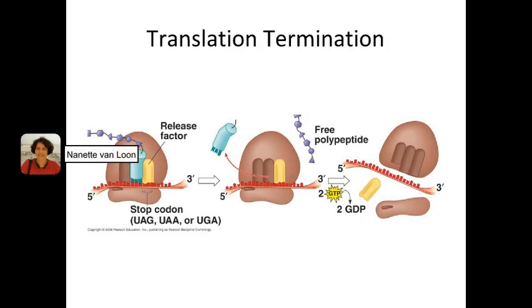Termination happens only once for each polypeptide. At one point, the A site of the ribosome is going to encounter a stop codon on the mRNA. That could be either UAG, UAA, or UGA. There is no tRNA that fits to that stop codon, that has complementarity to that stop codon.